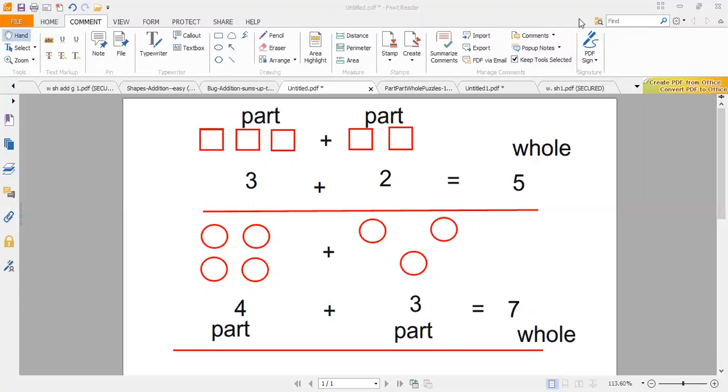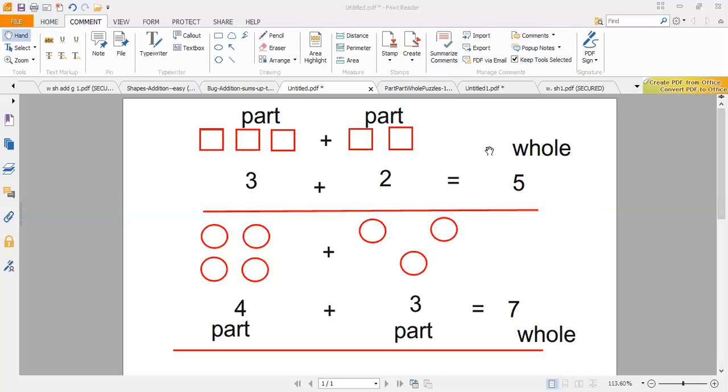So here we have the two parts, and the whole is the biggest number. The first part here is 3 plus the second part here is 2 equal to the whole, which is 5.